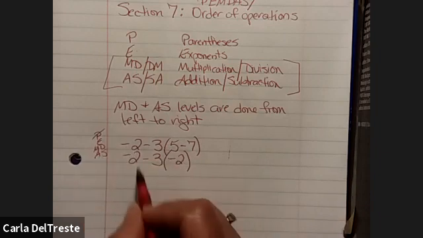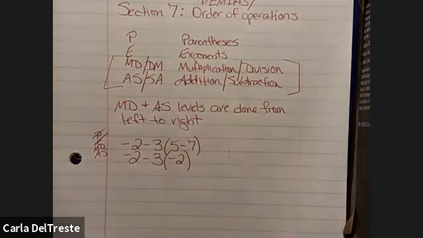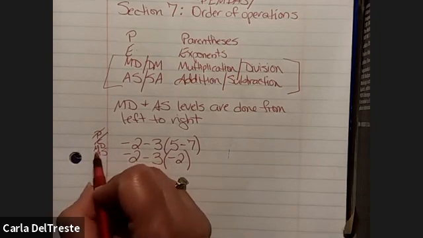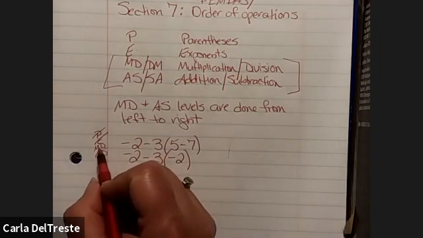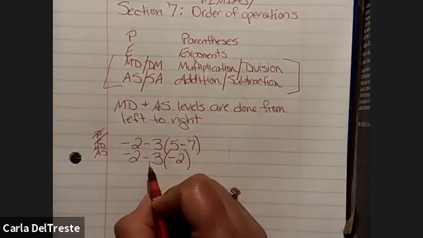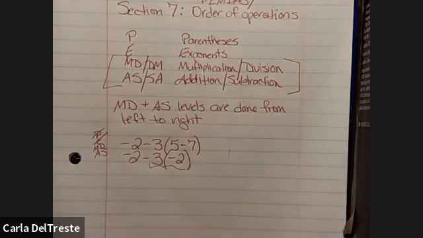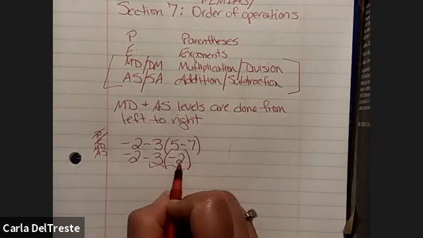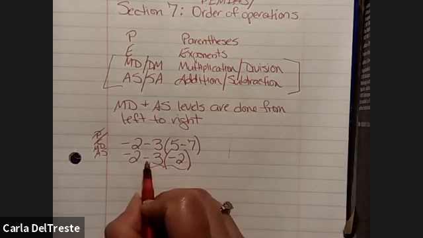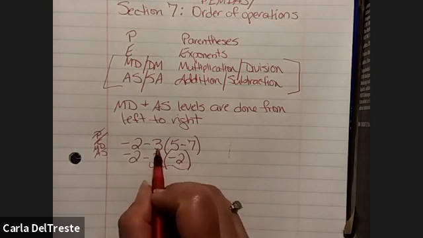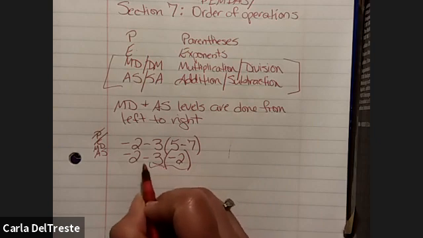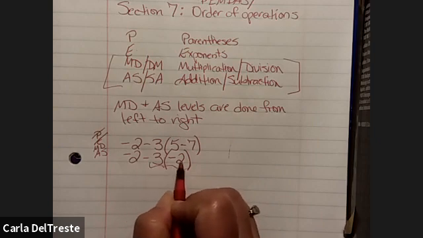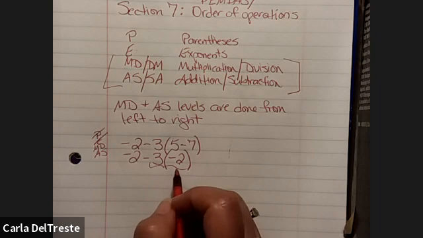Exponents. There are no exponents in this problem, so I can cross that off. Next would be the MD level, multiplication or division. I do see multiplication here, so I'm going to multiply either 3 times -2 and then keep the subtraction sign, or I'm going to read this as -3 times -2 and make it a +6.